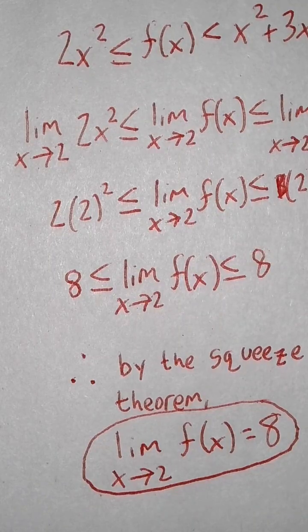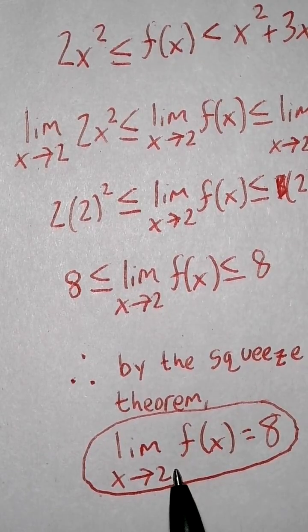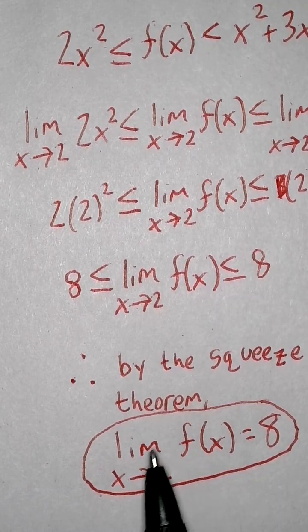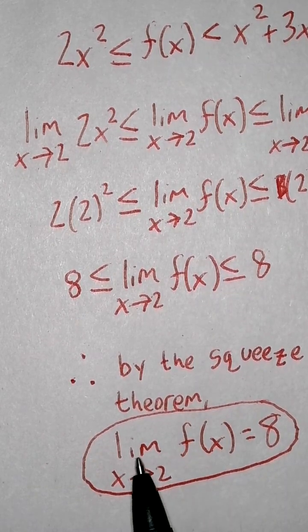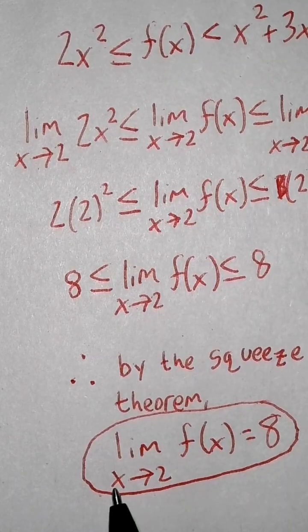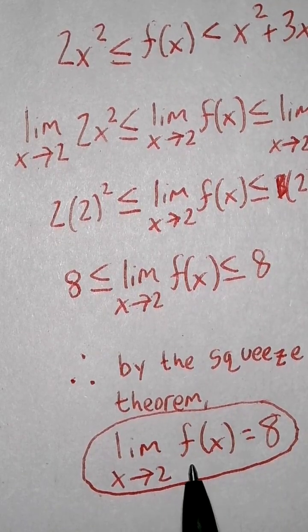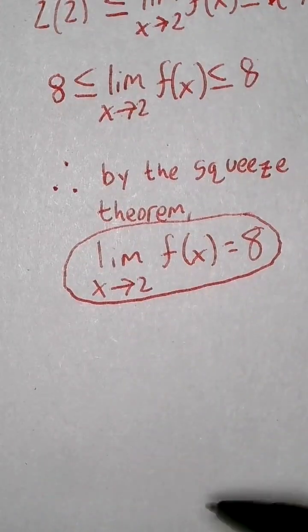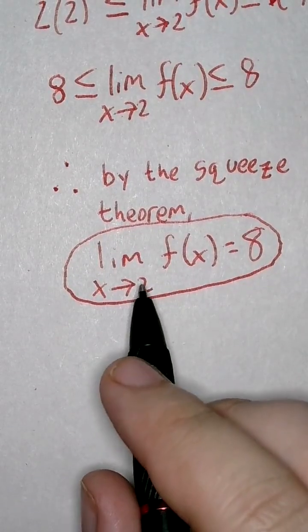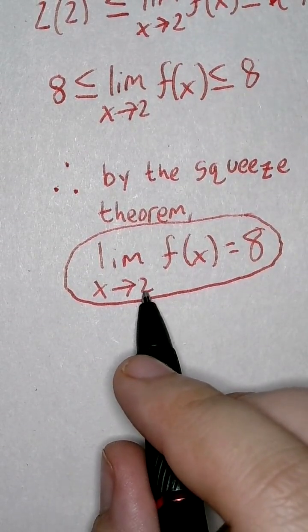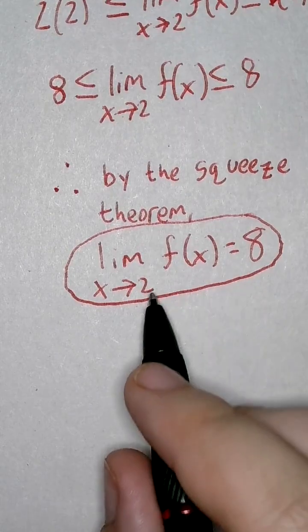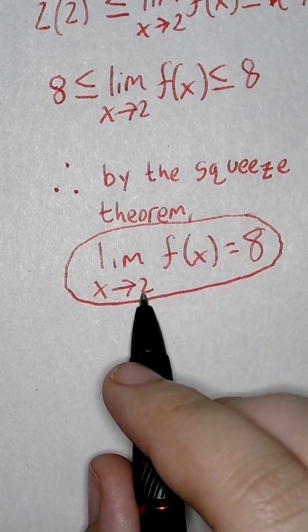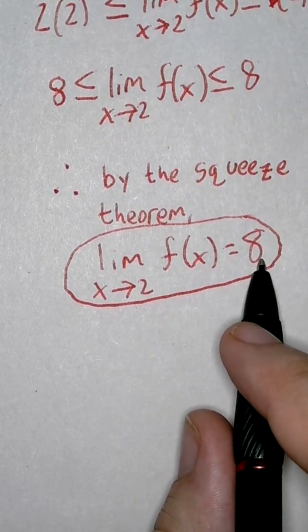Are you talking about this? Oh, okay. So this reads as the limit as x approaches 2 of f of x equals 8. What that means is that if I draw a function, as I approach the point x equals 2, y is approaching 8.